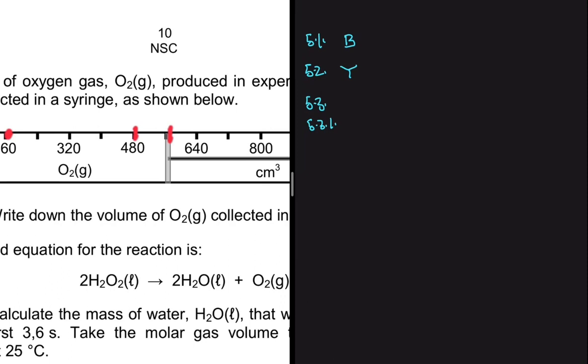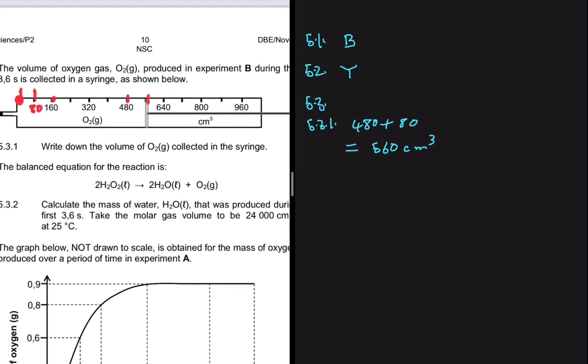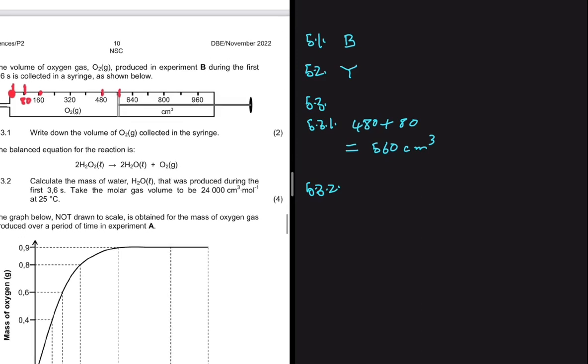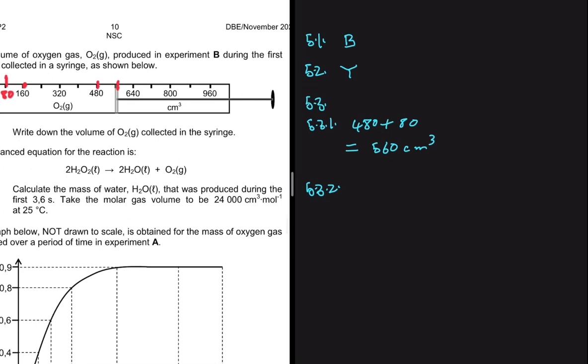So we're going to have 480 plus 80 equals 560 centimeter cube, and that is the volume of gas we have collected.